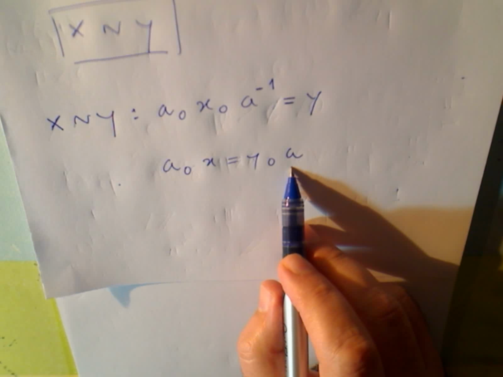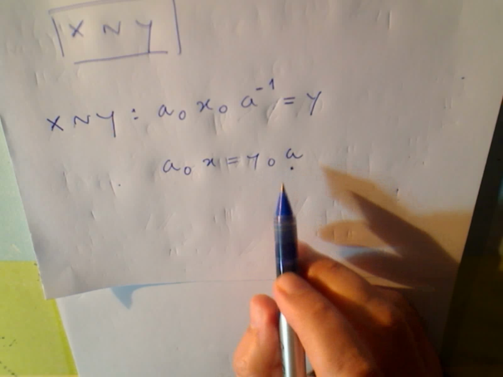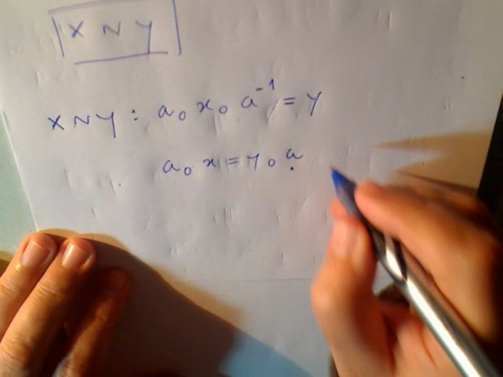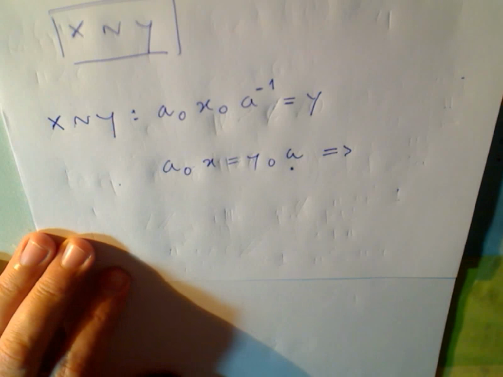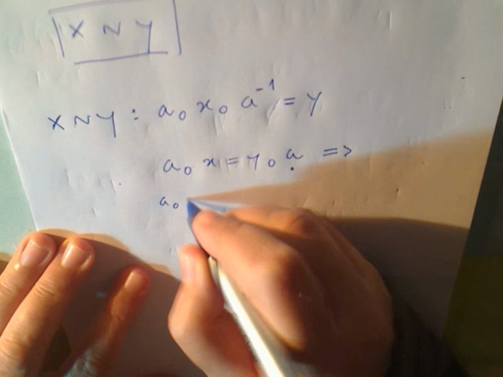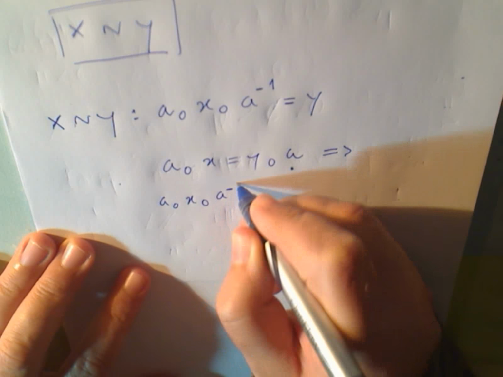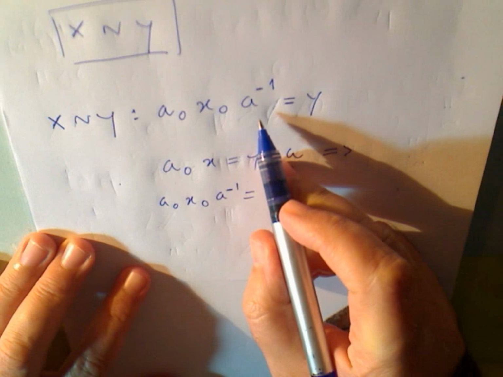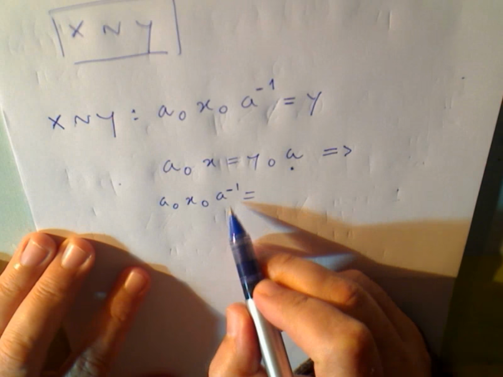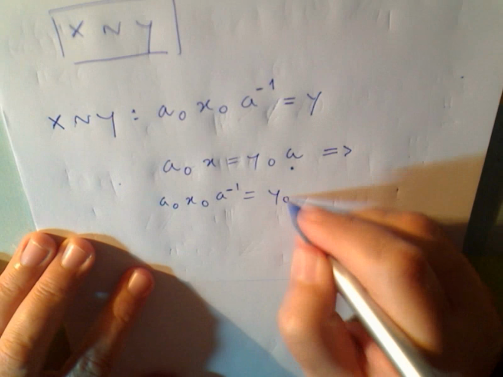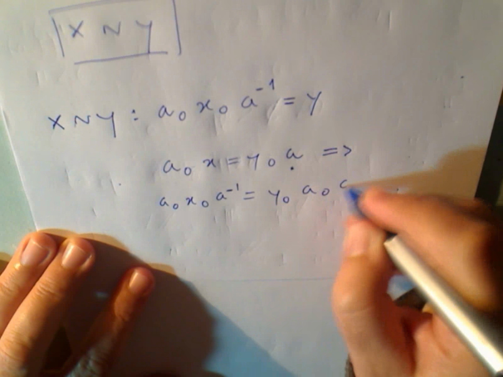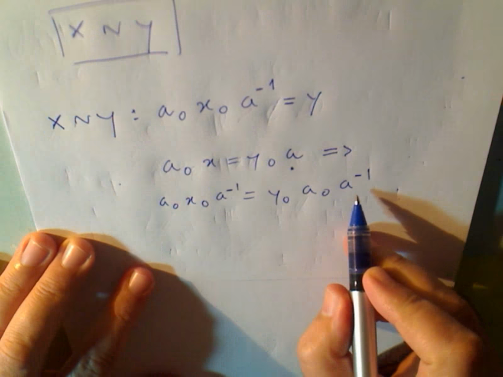If you take the product on the right, just group operations, you can say A operation X operation A inverse, so we are taking the right inverse on both sides.